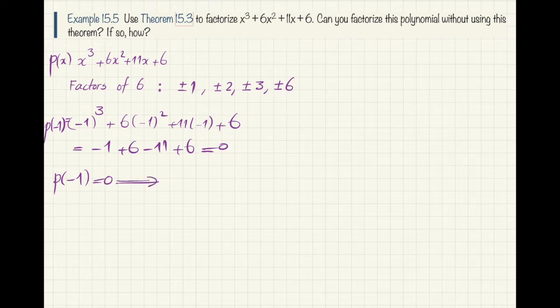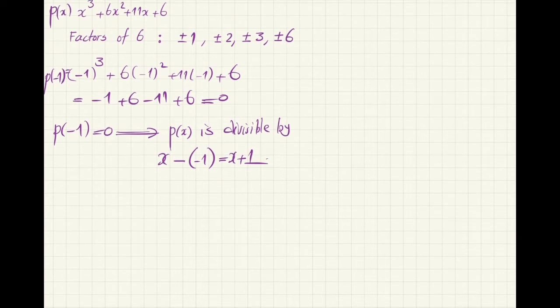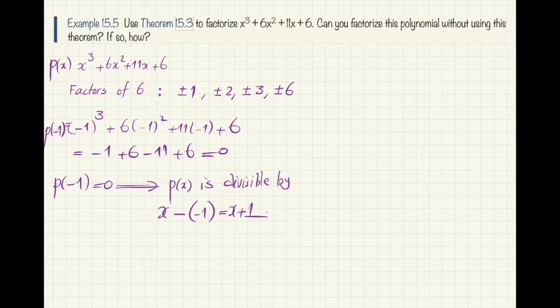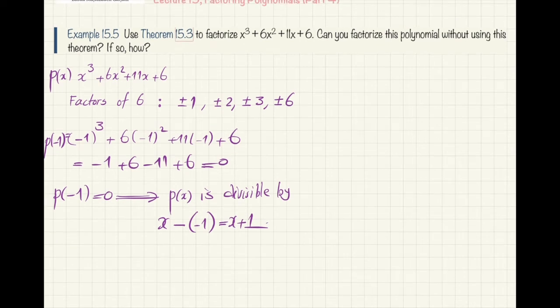So according to the theorem that I mentioned on the first page, P of x is divisible by x minus minus 1, which is x plus 1. Yes? So then it means that if I use the long division to divide, this will work.